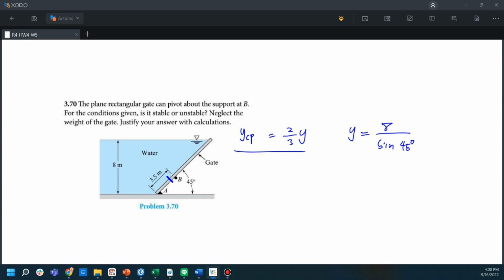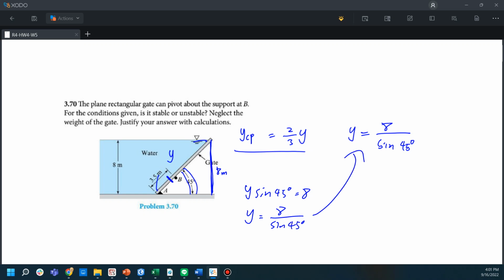Y equals 8 divided by sine 45 degrees because the vertical depth is equal to 8 meters, and we have 45 degrees here, and the length of the beam is Y, so Y sine 45 is equal to 8, so Y is equal to 8 divided by sine 45 degrees.